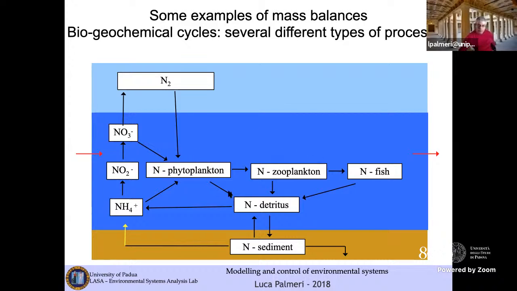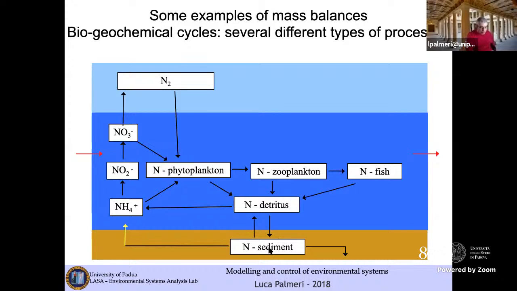You know that the water column interacts on one side with the sediment, but the water column also interacts with the atmosphere. So this is a process of volatilization. This is a process of, if you want, atmospheric deposition. This is a process of resuspension, and this is a process of sedimentation.